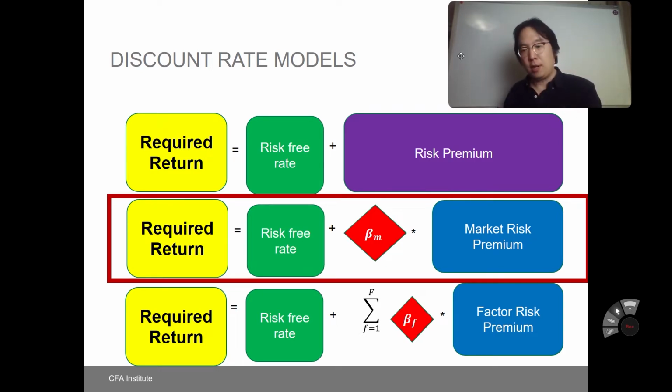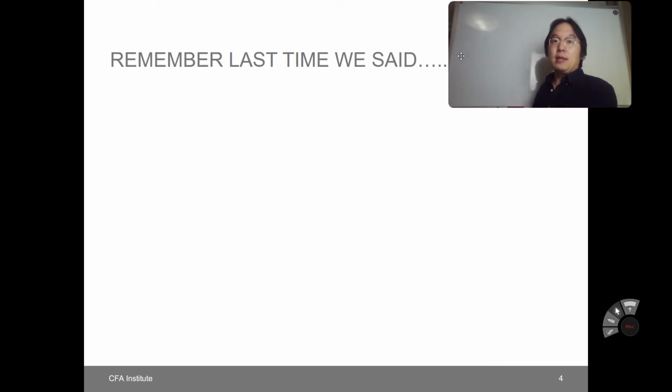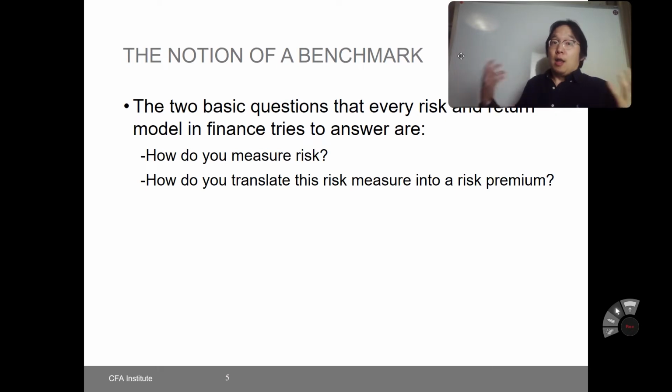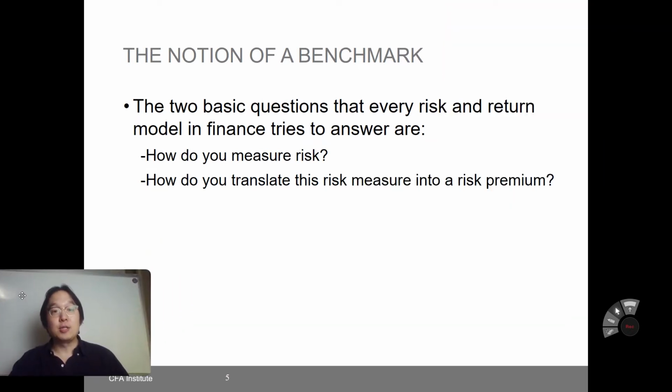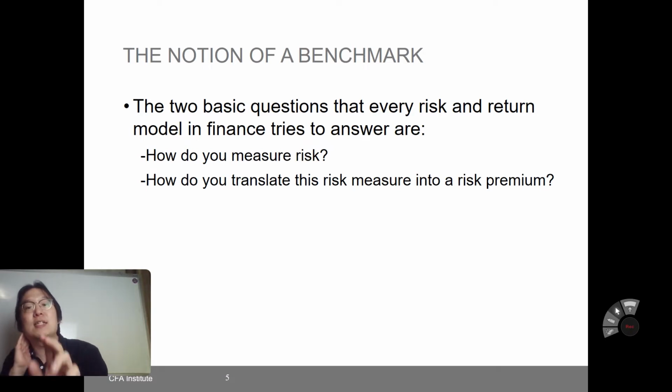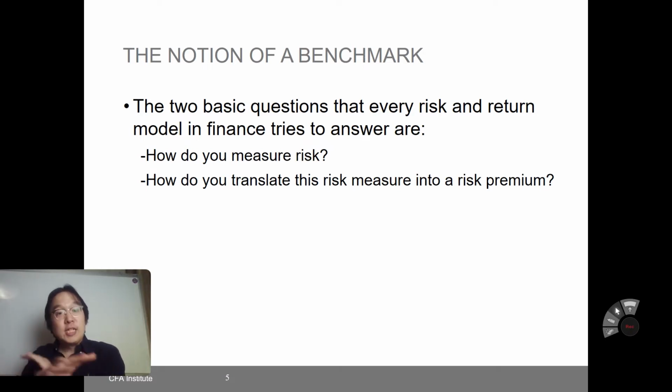Boom, right? Let's go. And then, remember last time we said the notion of a benchmark has to be like this. The two basic questions that every risk and return model in finance tries to answer are, one, how to measure risk, and two, how do you translate this risk measure into expected return, or risk premium.